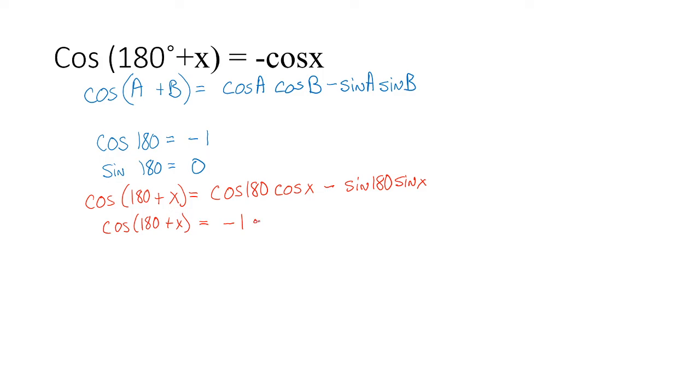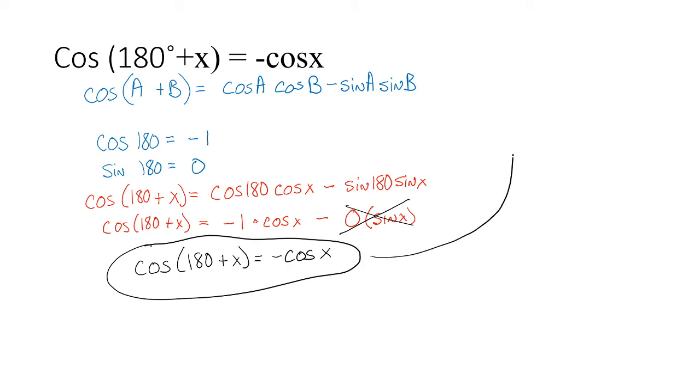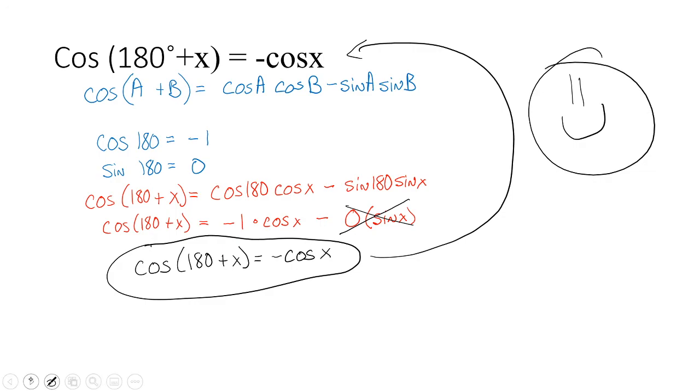So it'd be negative 1 times the cosine of x minus the sine of 180, which is 0, times the sine of x. Well, what's 0 times anything? We know that that's 0. It's gone from the equation. So what we're left with is the cosine of 180 plus x is equal to negative cosine of x. That's exactly what we wanted to begin with. We've proved it. Life is good.